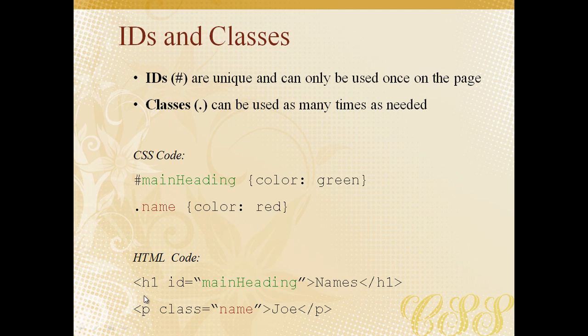So here you can see that h1 id is equal to main-heading names. That means these names will be displayed with the font color green. Then you have dot name. This is a class selector. So this class selector will be used with the term class is equal to name. That means Joe will be printed with the color red.